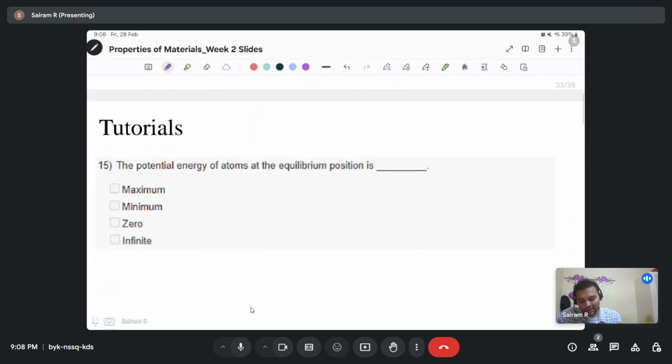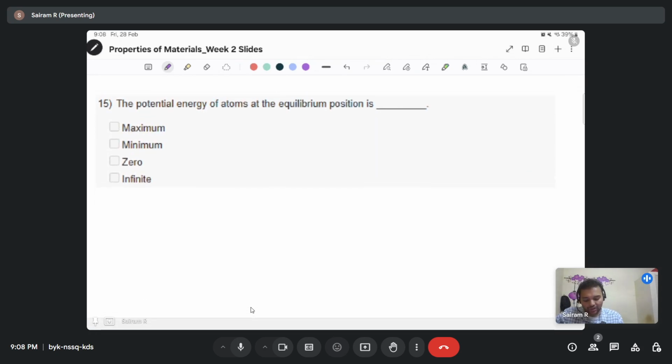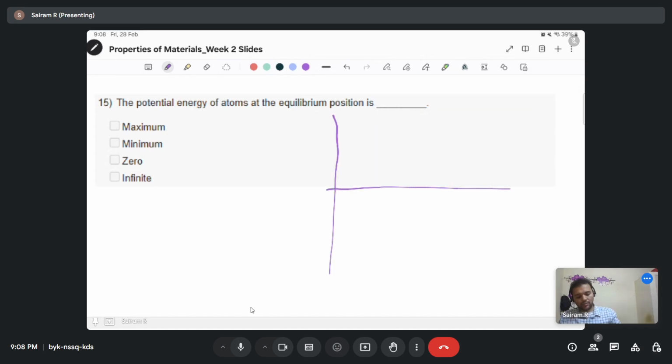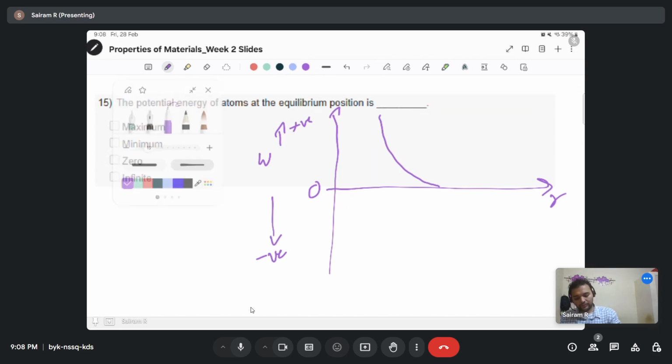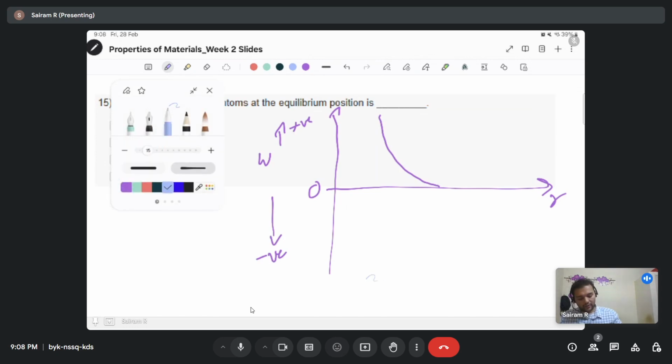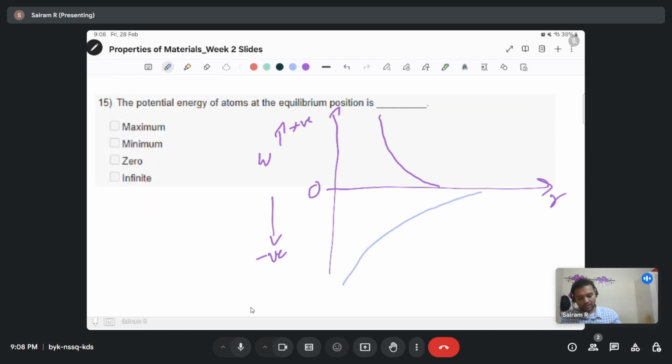Final question, the potential energy of atoms at the equilibrium position is, what is the equilibrium position? This is the potential energy versus distance plot that we are talking about. It's positive here, it's negative here, 0 here. We have a repulsive force here, and we have an attractive force here.